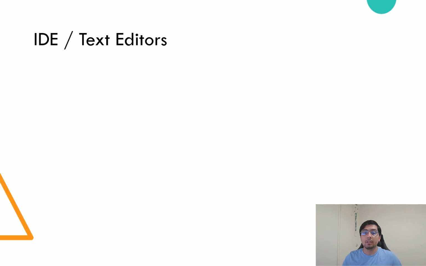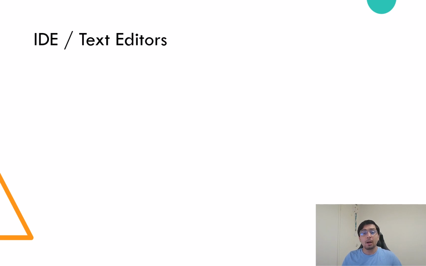Now that we have covered the importance of compilers in C++ programming, let's turn our attention to another essential tool in our coding arsenal, IDEs and text editors. These tools provide us with a comfortable and efficient environment to write and manage our C++ code.